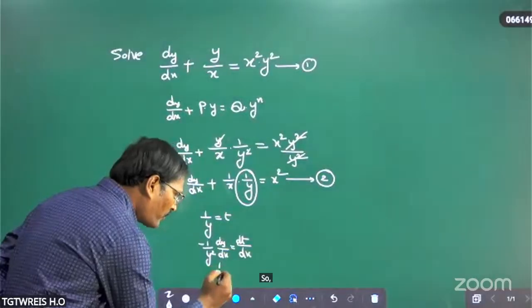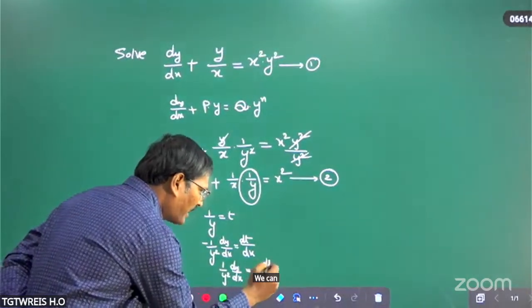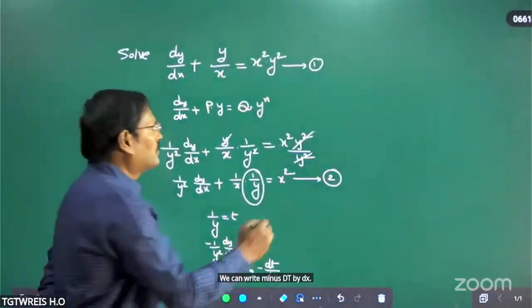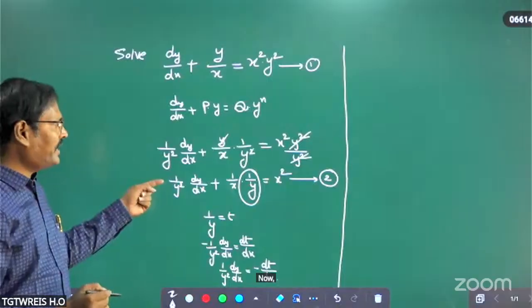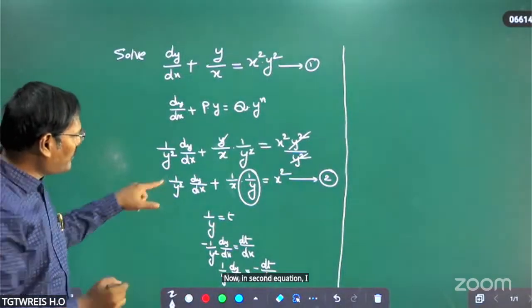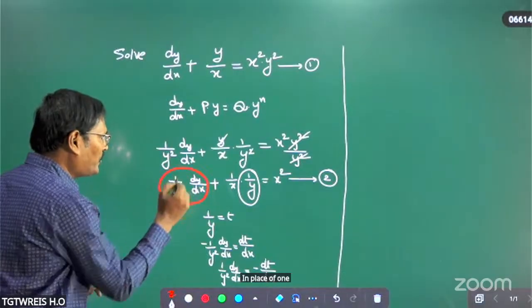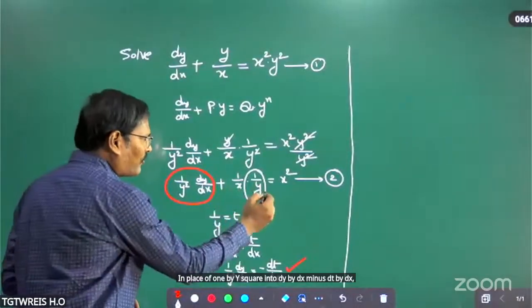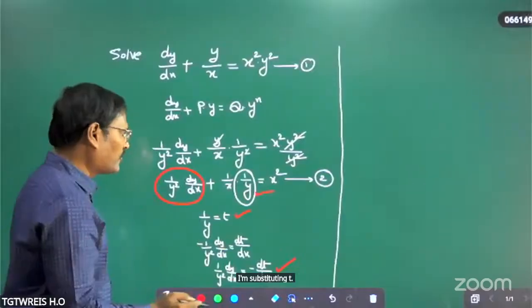So whenever we find 1 by y square into dy by dx, we can write minus dt by dx. Now in the second equation, in place of 1 by y square into dy by dx, I am substituting minus dt by dx, and in place of 1 by y, I am substituting t. See what will happen.